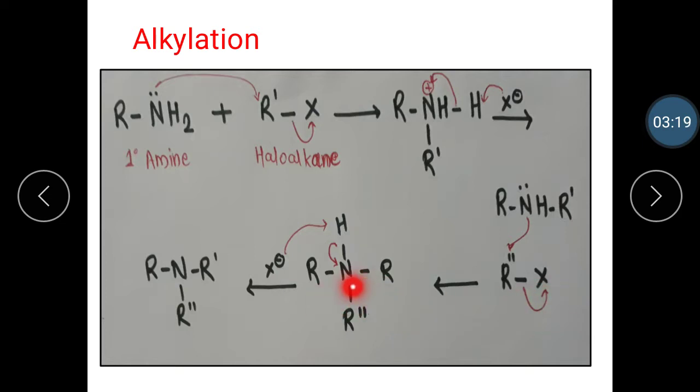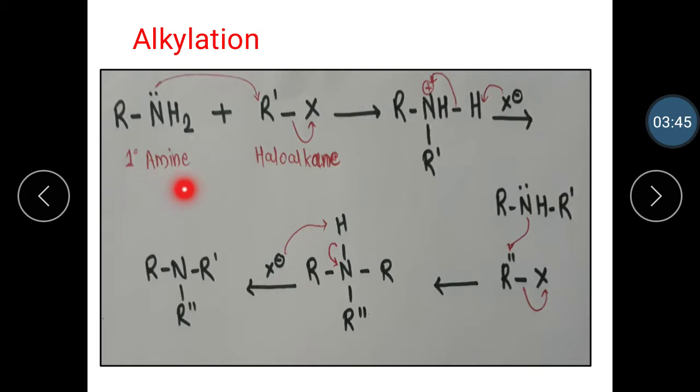Then there is a plus charge on this nitrogen because it donated its lone pair. The nitrogen is more electronegative, so it takes its electron from this hydrogen, and the X minus ion supports the hydrogen, and the new structure R3N is formed, and the hydrogen combines with the X minus ion.